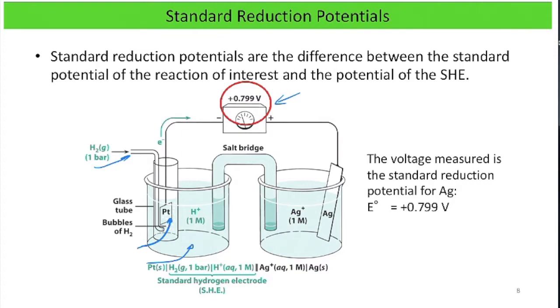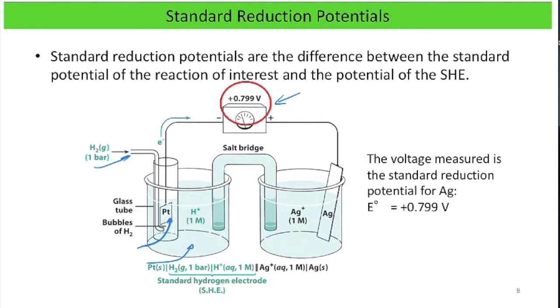If you go back to the previous slide, you see the reaction for the standard hydrogen electrode involves H+ and hydrogen gas. There's no platinum in there at all. So the platinum in the standard hydrogen electrode is only there to exchange electrons. So in the case of this particular voltaic cell, the electrons are moving from the platinum electrode to the silver electrode. Okay, it could move the other way.